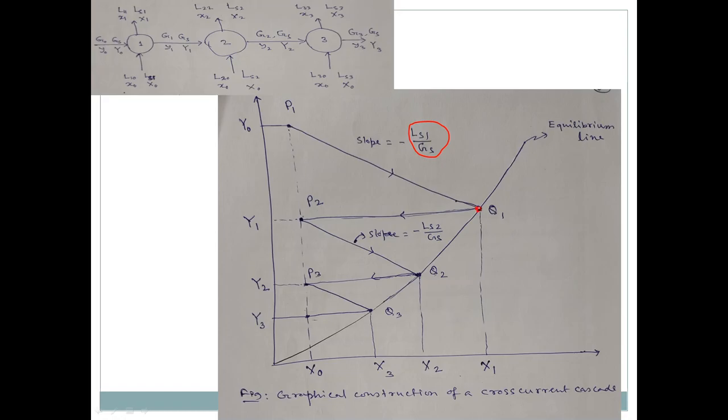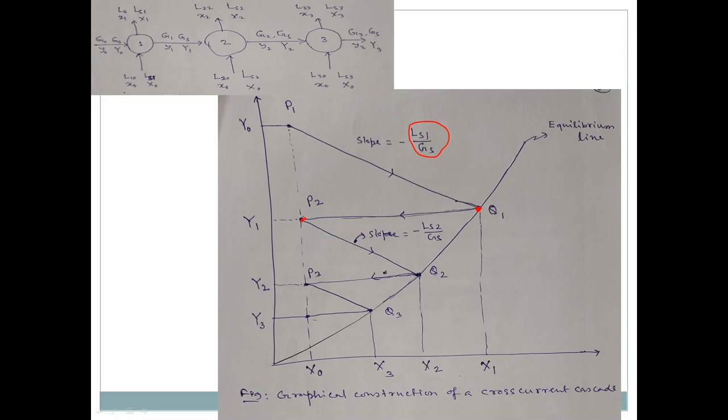If you mix it and take it to the settler, then it will reach the equilibrium, and that is the exit concentration X1 and Y1. Now I am putting Y1 into the next unit. Again I put fresh solvent with X0, so this will be 0.2. Again I take the slope, minus LS2 by GS, so it comes to Y2. If you take another one, then it will be Y3.